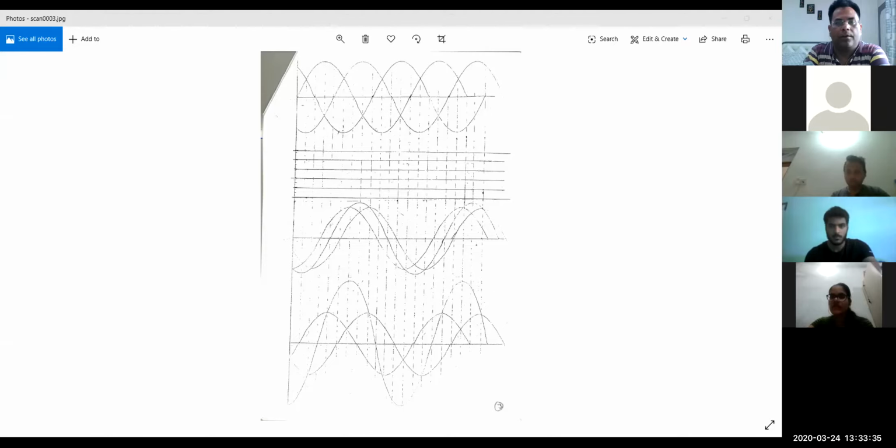Now we have to draw the graph for various firing angles.